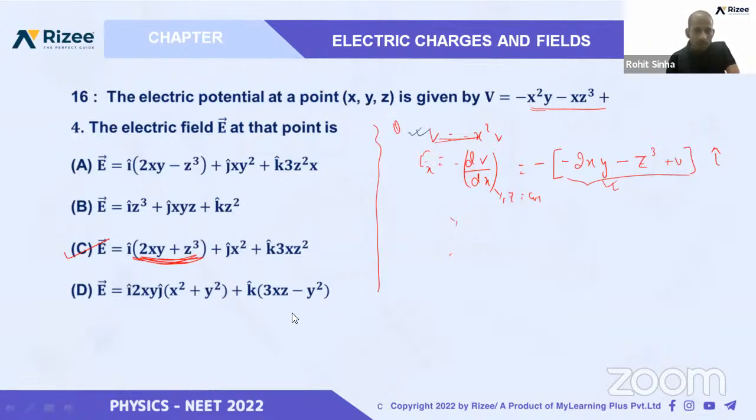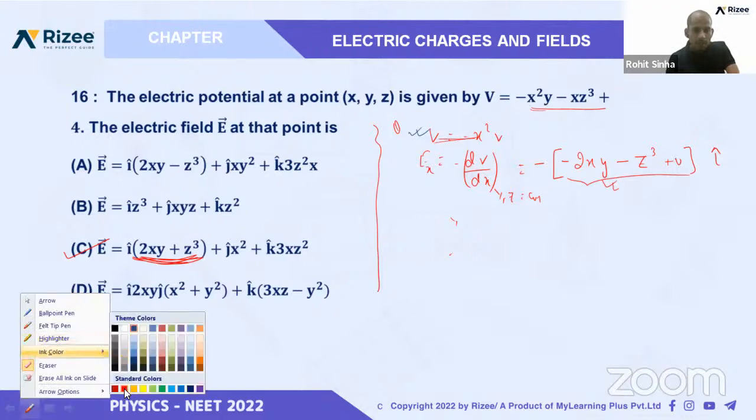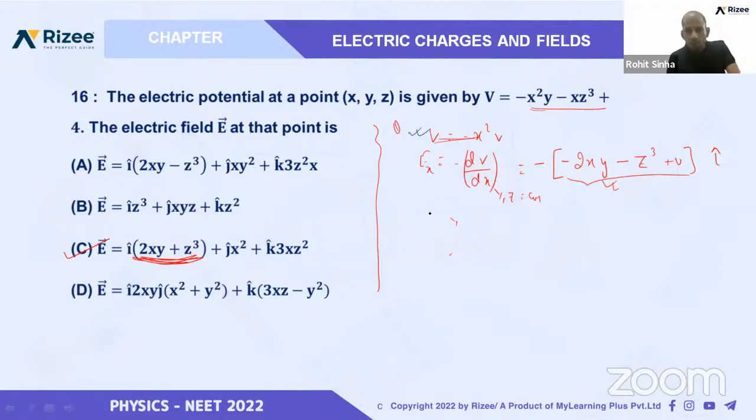What is the formula? We have discussed this in our class and we have taken a more difficult question using this formula. To find the electric field, we know dV is equal to minus E dot dr. From here, we came to know that E is equal to minus dV by dr. This dr has three components along x, along y, and along z, so we find three components of electric field.